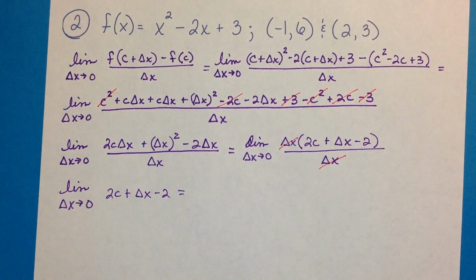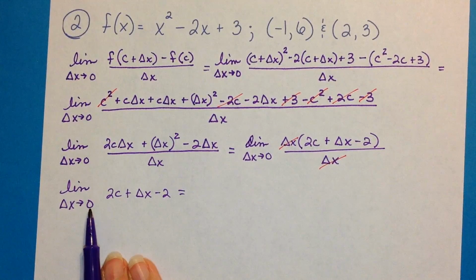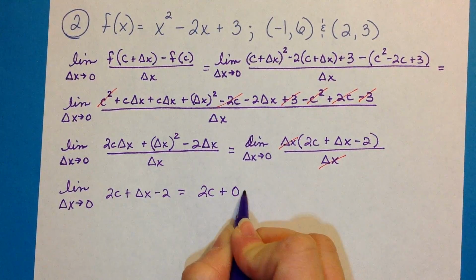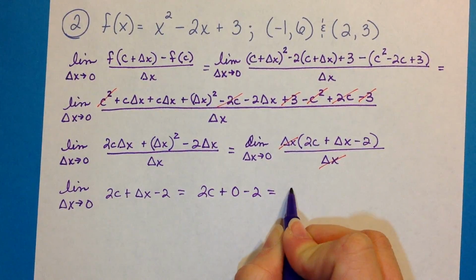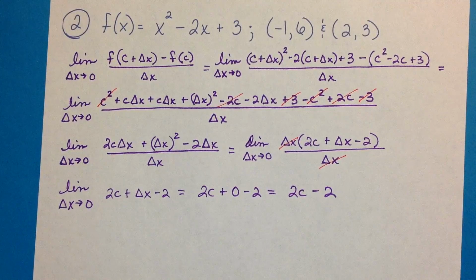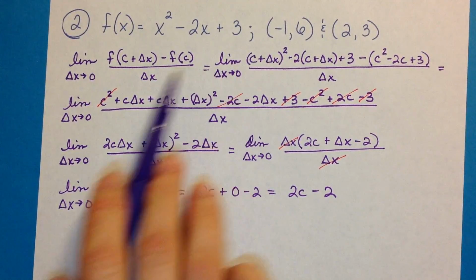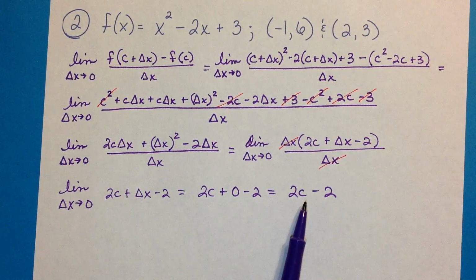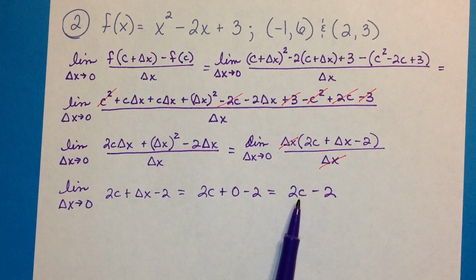Now you can do the direct substitution, so you would substitute 0 in for your delta x. So therefore this just simplifies to be 2c minus 2. Now I could have worked the last problem exactly like this. I could have worked the whole problem out with the c's, and then I could have substituted the x value from the point, once I got to the end.